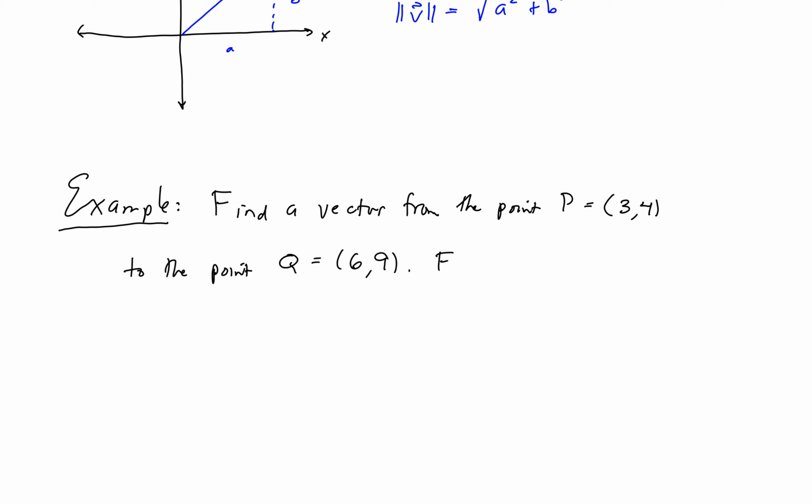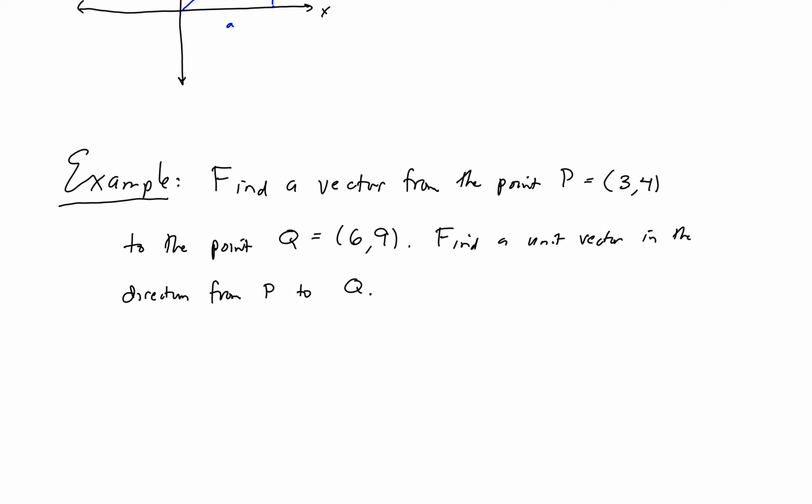And then let's also find a unit vector in the direction from P to Q. Okay, so two things here. First, we're going to find a vector, and then to find a unit vector in the same direction, we just divide by the length of the vector.